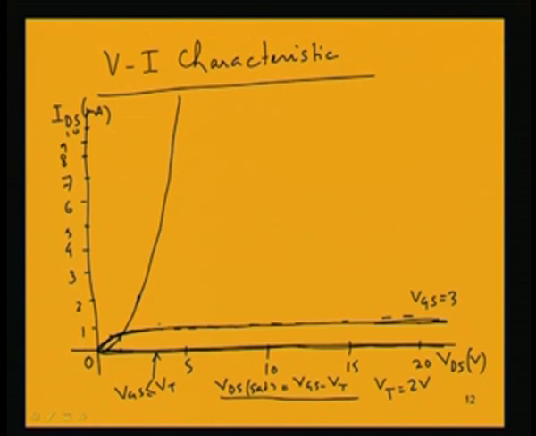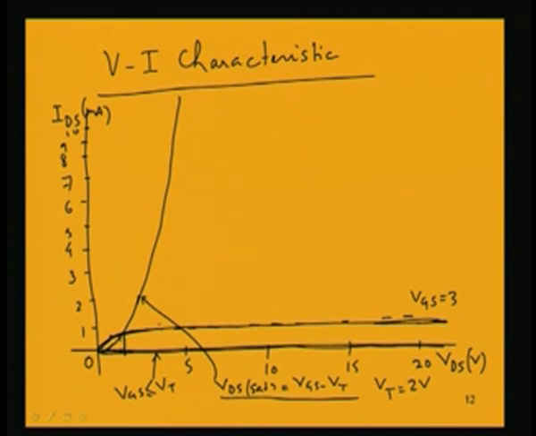So, that will be giving you this relationship of VDS saturation equal to VGS minus V threshold. So, for a particular VGS, the saturation value of VDS is this much. So, it is 1 volt for VGS equal to 3.